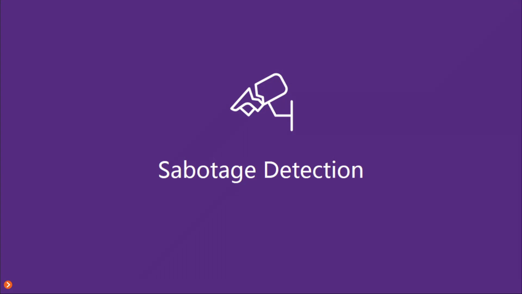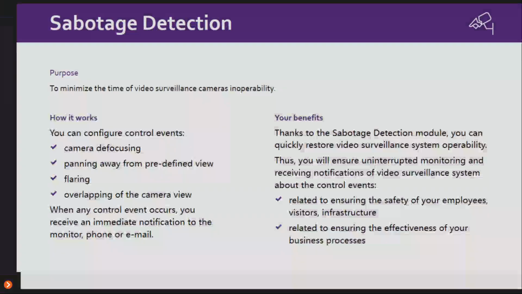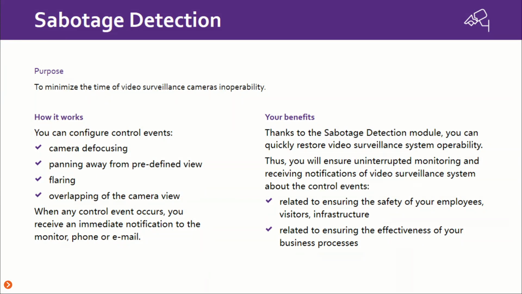Then you have sabotage detection. Sabotage detection is needed to detect any physical tampering done to cameras. Physical tampering could be defocusing of the camera. It could be panning the camera in a different direction from its original.